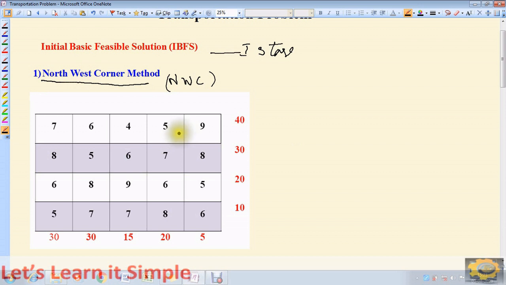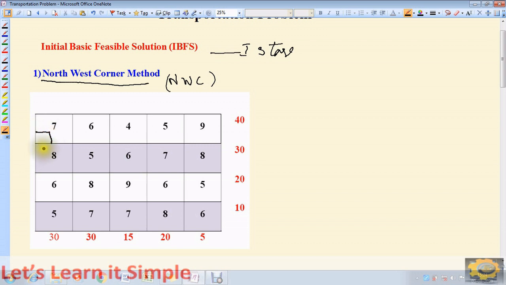Now in the northwest corner method, for the given matrix, look for the northwest corner. This is the northwest, that is cell 1, 1.